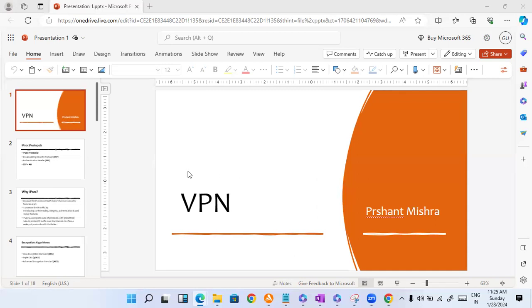Initially it was just an enterprise point to point network. One of the major issues with communicating over the public internet was security: threats, cyber attacks, and malware, whatever the external exposure to the network. So that was the major challenge.